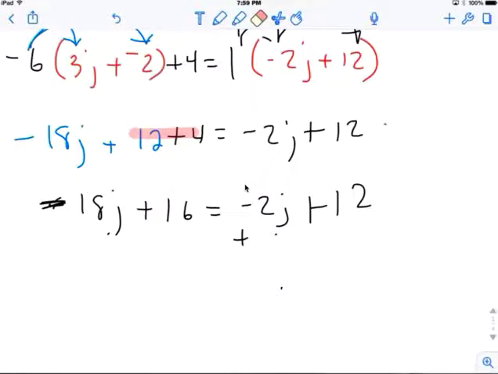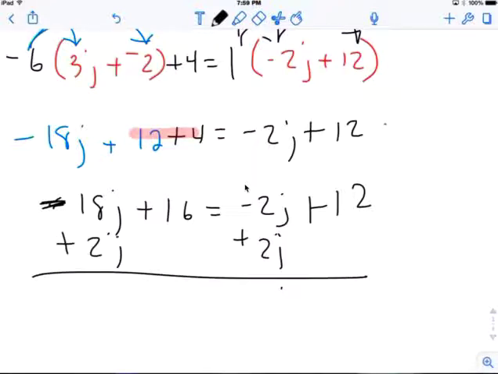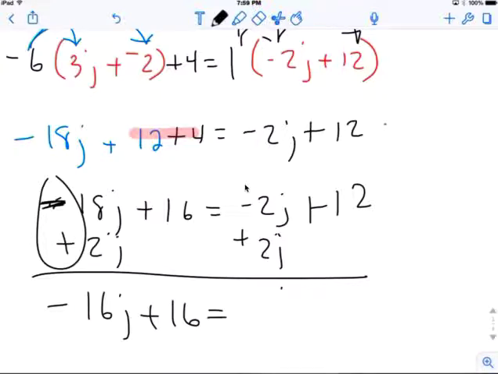There's nothing wrong with adding 2j here, adding 2j here. The only reason why I don't like it is that's a negative answer, and sometimes because I'm careless, I forget to put my -16. That's such an easy mistake. So I like to always get rid of the smallest number, which is the biggest negative, so I can end with a positive.